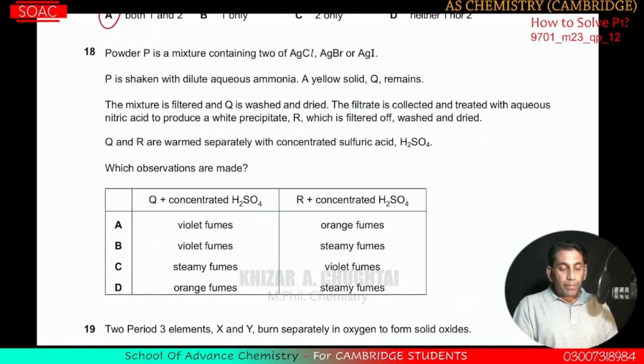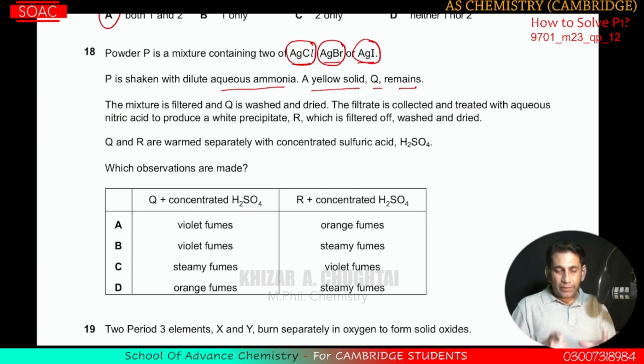Question number 18. Powdered P is a mixture containing 2 of AgCl, AgBr, or AgI. P is shaken with dilute aqueous ammonia. A yellow solid Q remains. So you know that the color of AgCl is white, AgBr is off-white, and the color of AgI is yellow. So it means that one of the components is AgI. That's why the yellow solid Q remains.